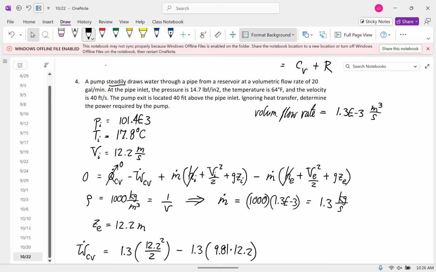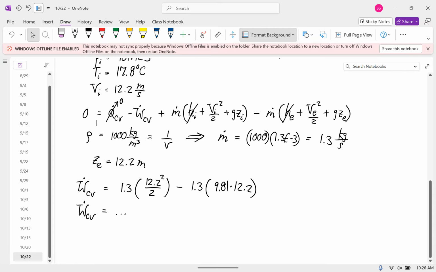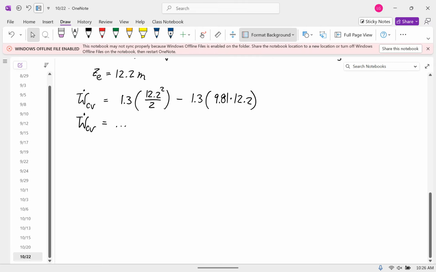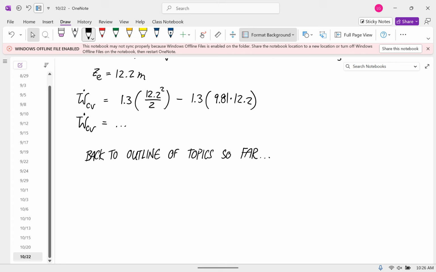Any other homework questions? Let's just make sure we finish this outline today. So back to the outline of topics so far. What we finished at the end of class last time was the differential form of the first law, including the heat transfer equations.